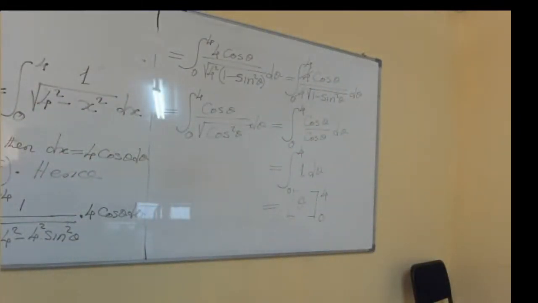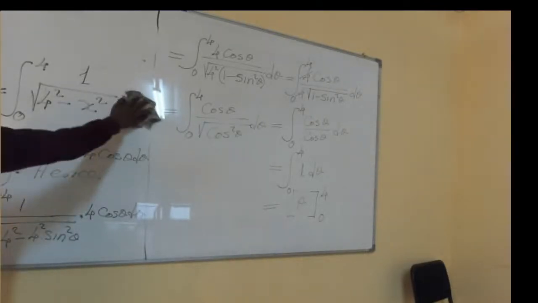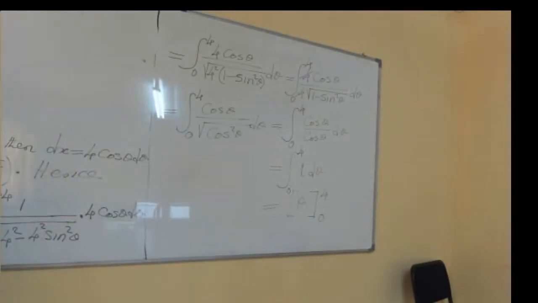Okay, but what is theta? Theta is equal to sine inverse of x over 4. So this is just equal to sine inverse of x over 4 from 0 to 4.